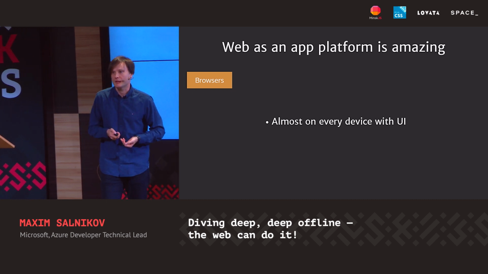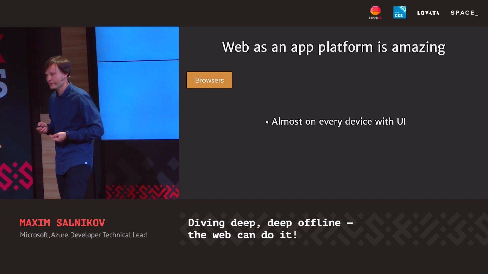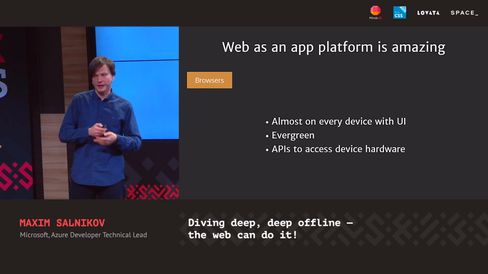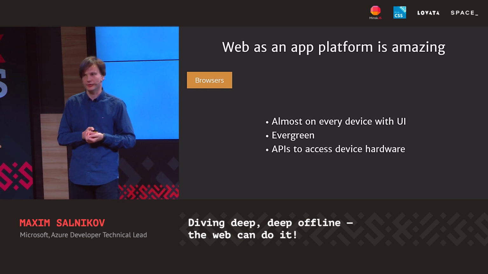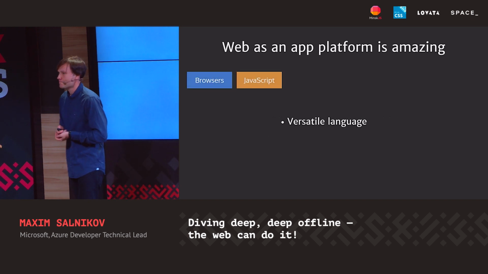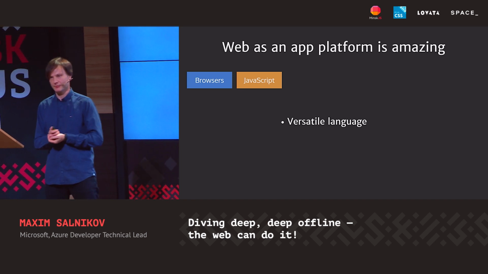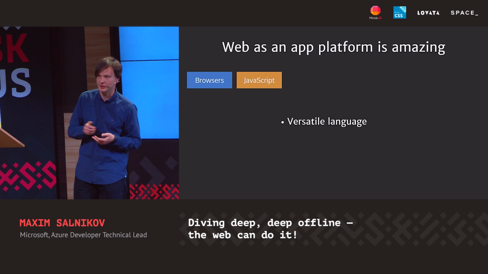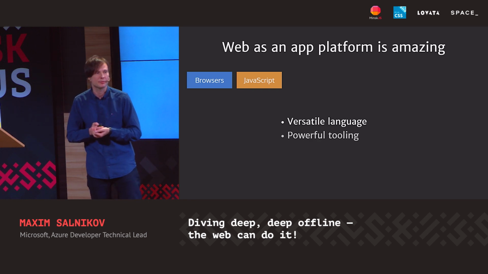Browsers, they are everywhere. Browsers or web views, and they are fresh, and they have cool APIs to access the hardware of our devices. JavaScript. We can have different opinions on this language, right? But no doubt it's very versatile. You can apply different paradigms to code in JavaScript.